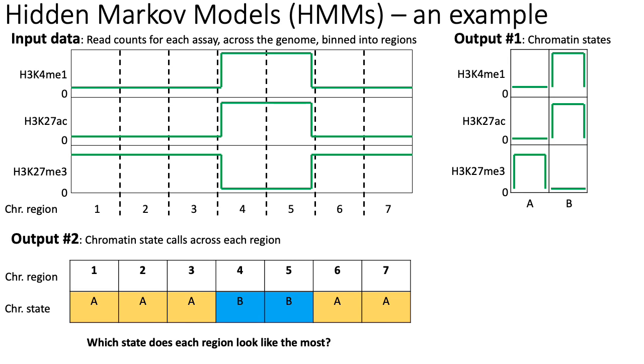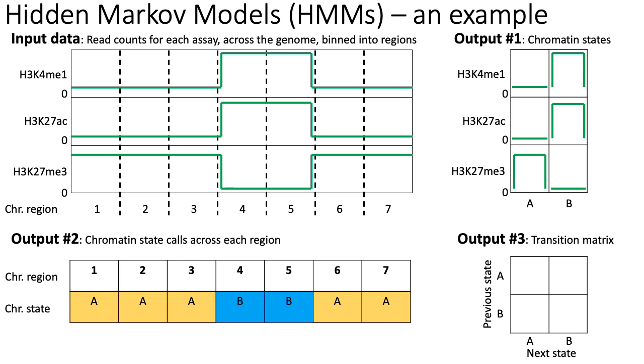But by themselves, they can't tell you what those combinations of histone marks actually do. That's why I've labeled the chromatin states hypothetically as just state A and state B, because at this point we don't know what those states do. So we can't label them as, for example, an enhancer or promoter or transcribed region or something like that.